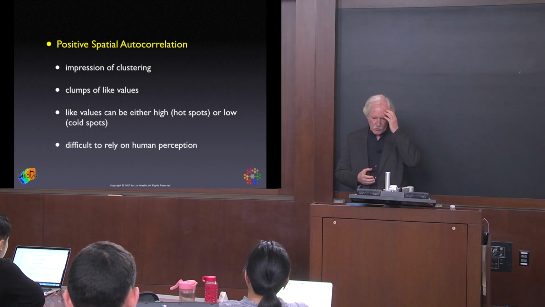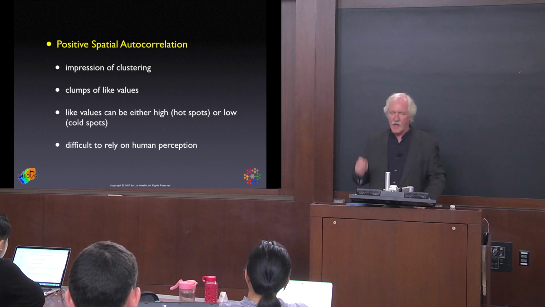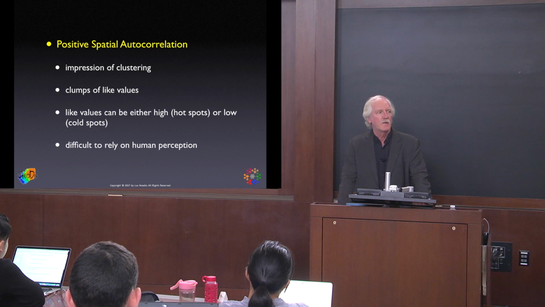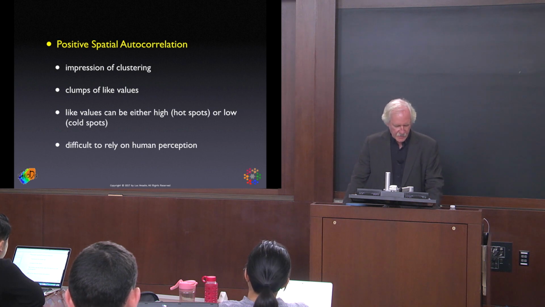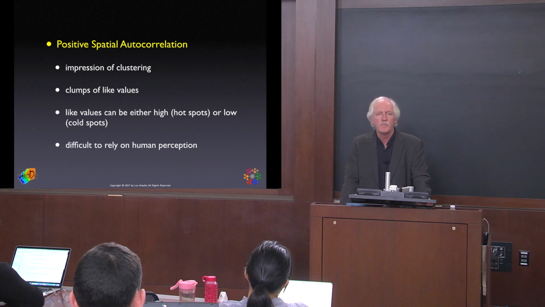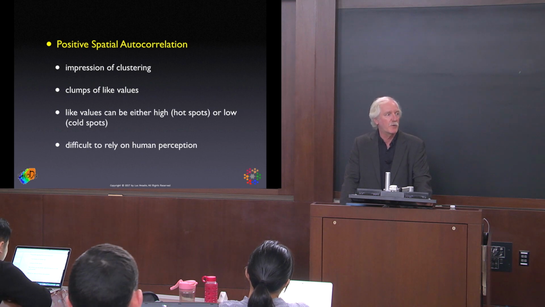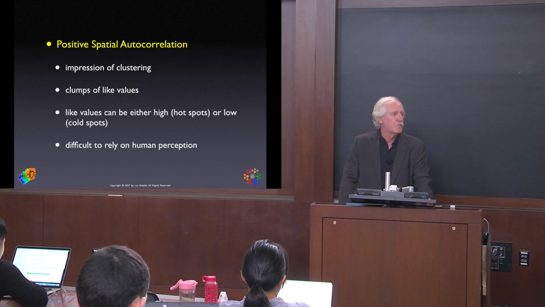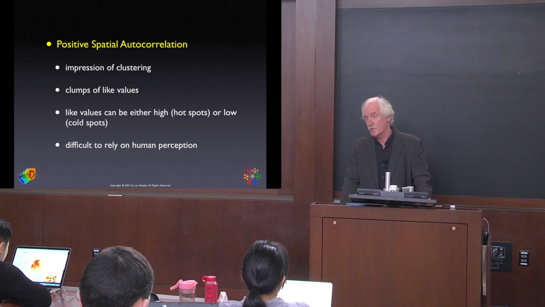Right? I stress like because it doesn't mean anything about magnitude. There are some classic cases where positive spatial autocorrelation has been interpreted as the coincidence of high values. But in fact, it was the exact opposite.